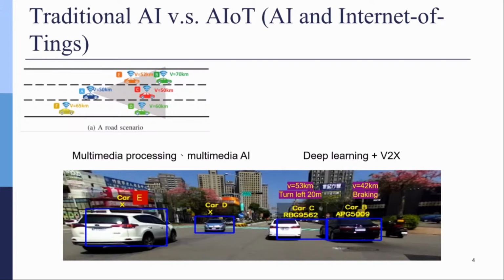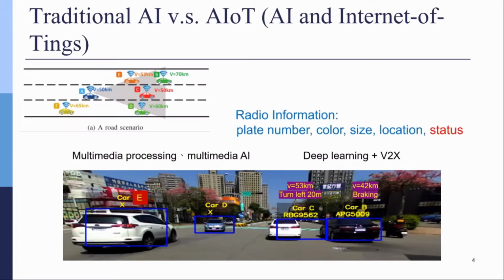Through V2X communications, vehicle A can get its neighboring vehicle's information from received radio packets. These information are such as plate number, color, size, location, and driving status.